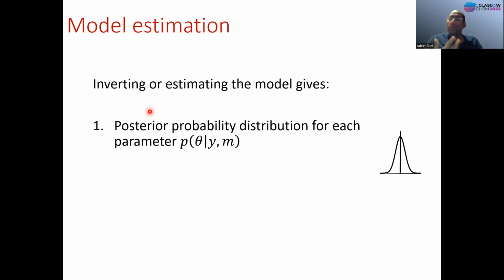When you do a model fitting or the model inversion process, the estimation of a model gives you, as I said, the posterior probability. So for every connectivity parameter, you have a posterior probability distribution.